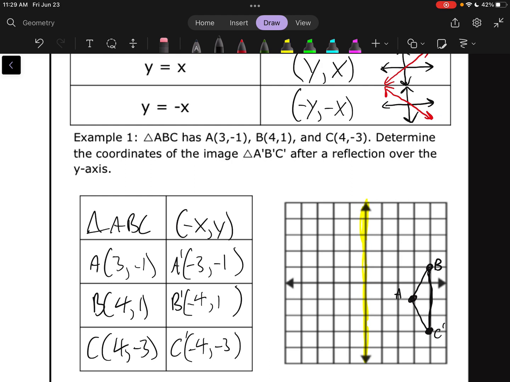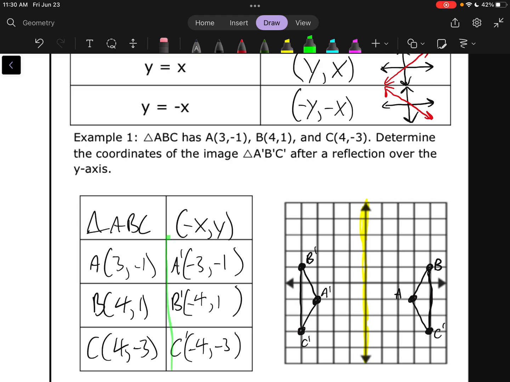So let's plot those points, see if it looks good. -3, -1. There's A prime. Negative 4, 1. There's B prime. And negative 4, negative 3. There is C prime.